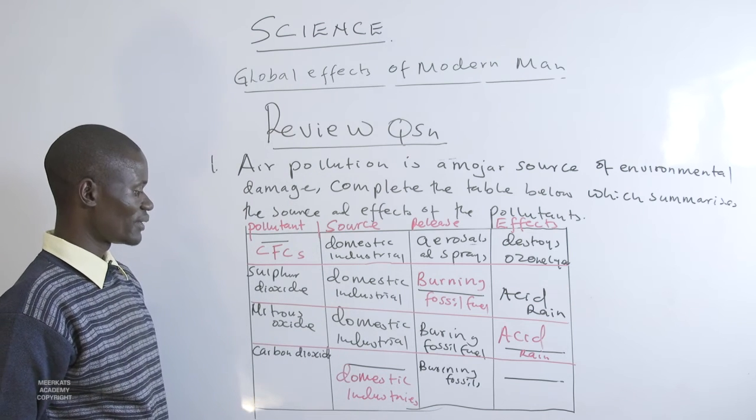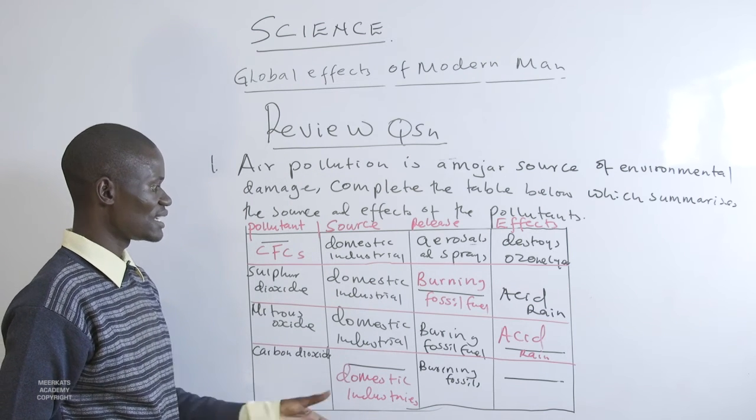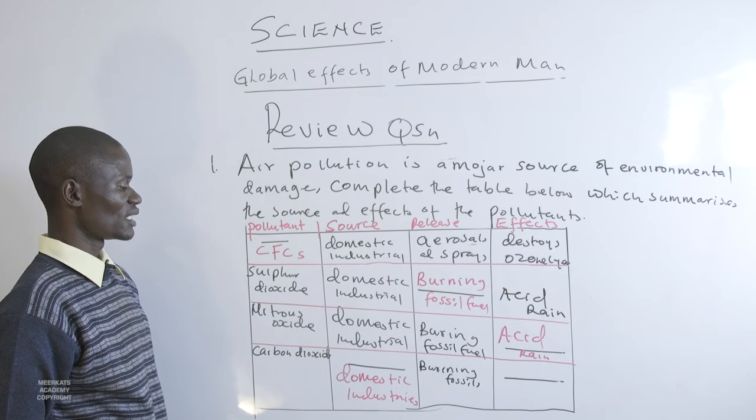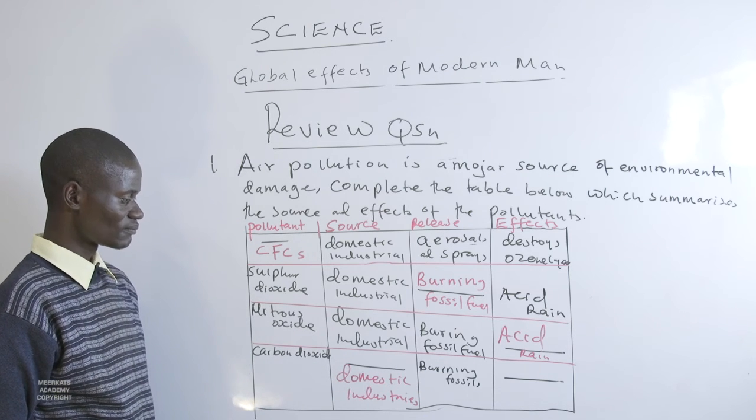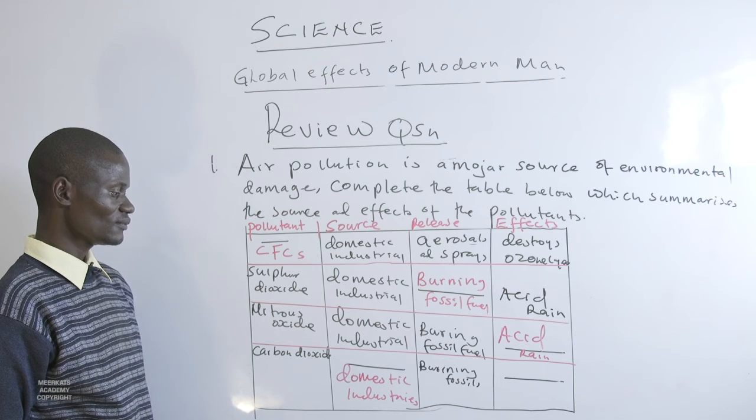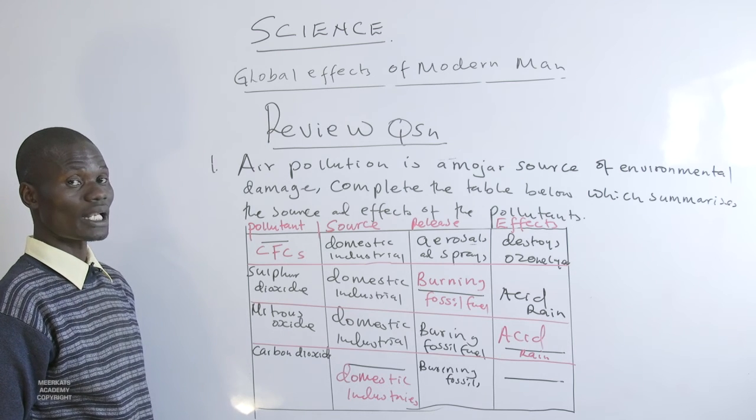How is it released in the air? It is released in the air by burning of the fossil fuel, such as coal and petrol.